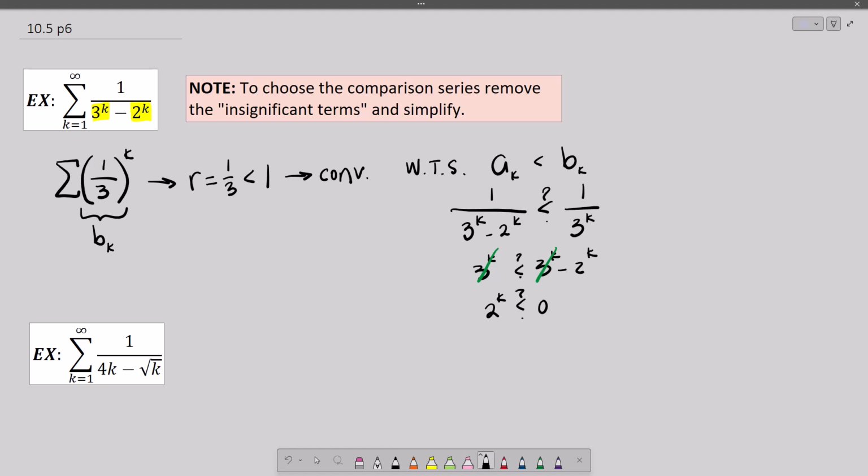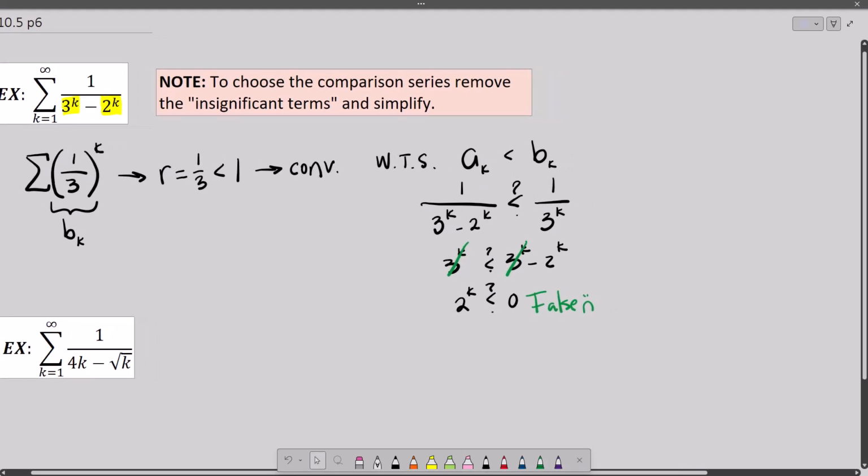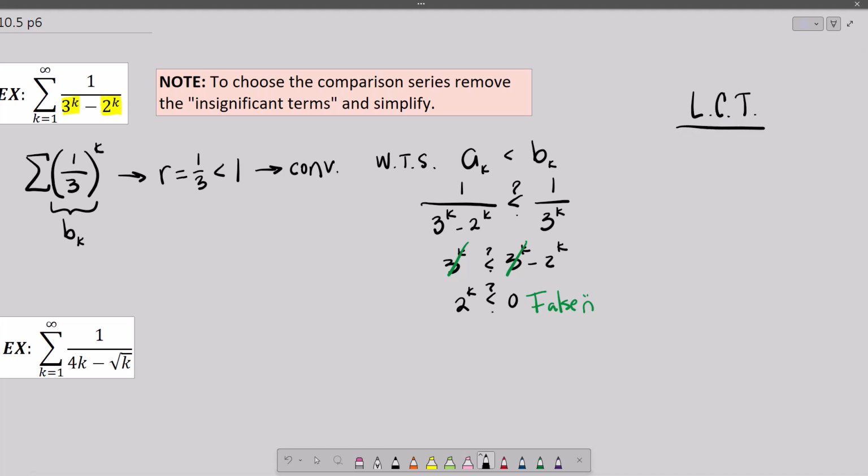2 to the k is not less than 0. All right, so this is false. Sad face. That means dig deeper. But I don't want to dig deeper. So we go to the limit comparison test.